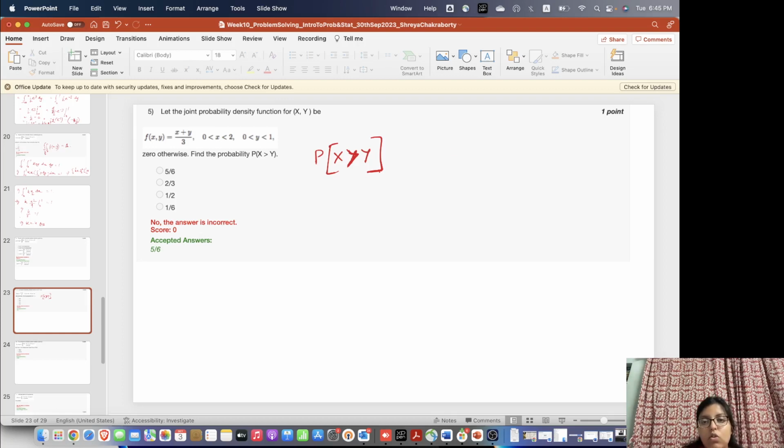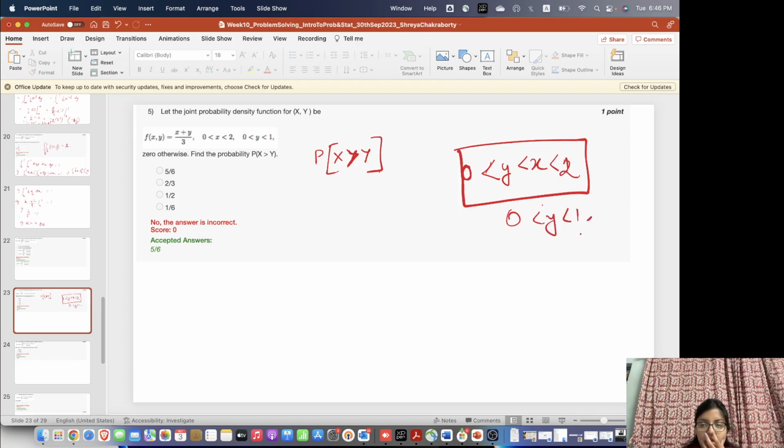If this holds true, then what we would have is the overall range in that case would be 0 less than y less than x less than 1, and 0 less than x less than 2, and 0 less than y less than 1.